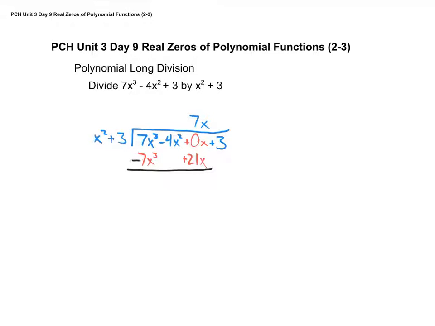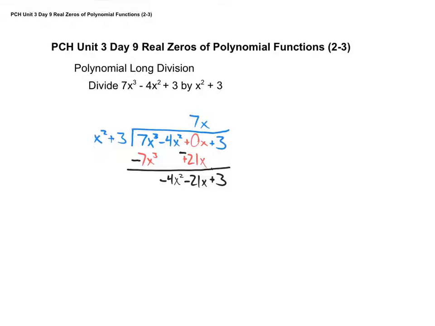So I'm going to do 7x cubed minus 7x cubed, that's 0. Negative 4x squared minus nothing is still a negative 4x squared. 0 minus 21x is a minus 21x. And then 3 minus 0 is 3. Okay? And this is kind of the subtraction and bringing down. You can think of that all as one part.